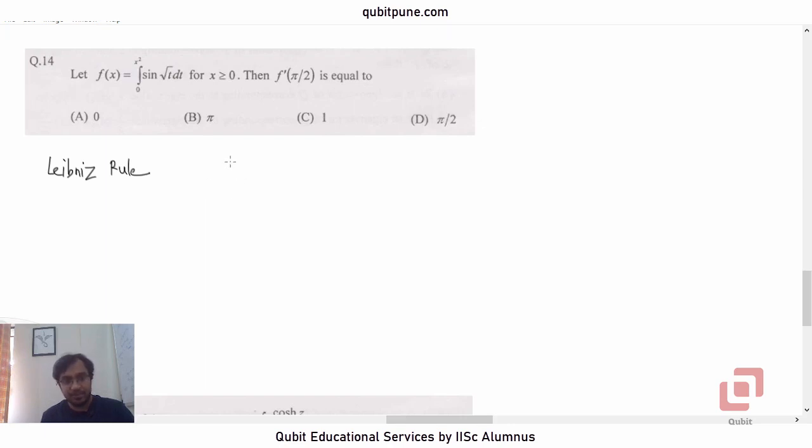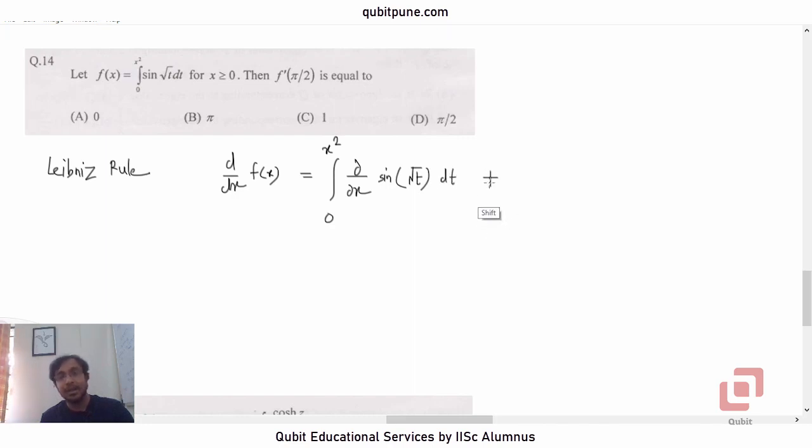It tells us if we want to differentiate the function, then we would first be differentiating the integrand partially with respect to x. Now we call x a parameter. So it's the partial derivative of sine of root t with respect to x dt plus. Now we will be placing the upper limit for t. So it will be sine of root of x squared.